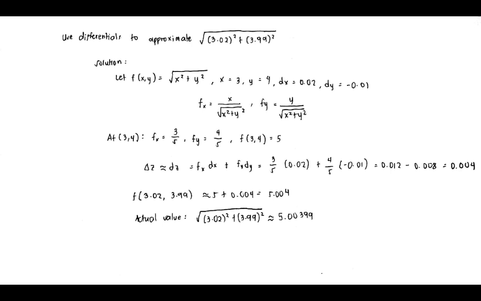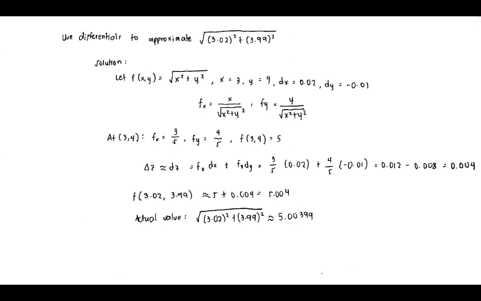For our second example, it is kind of different because it has decimals, but let's see how we will solve it in the topic of differentiability and total differential. For example 2 and the last, we use differentials to approximate the square root of 3.02 squared plus 3.99 squared.